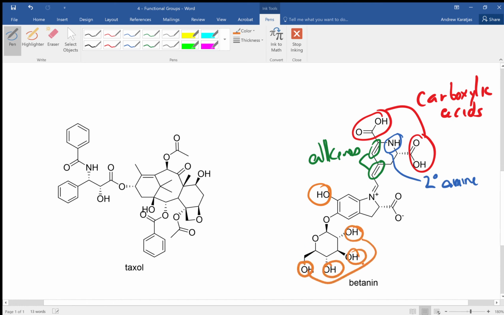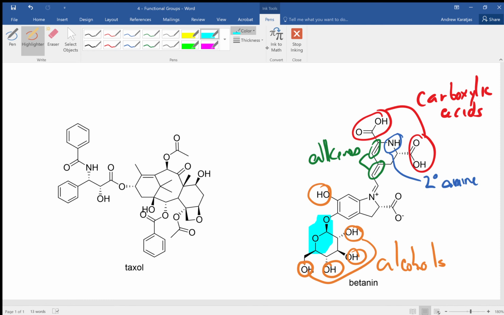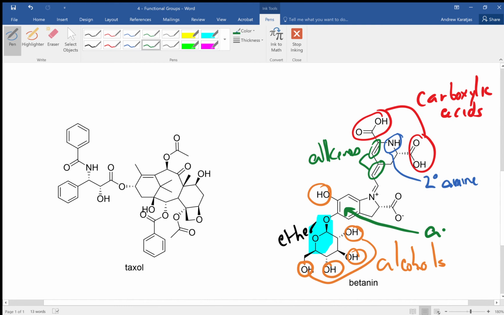All of these are going to be alcohols. In here, carbon, oxygen, carbon. We know that's an ether. And finally is our aromatic ring.